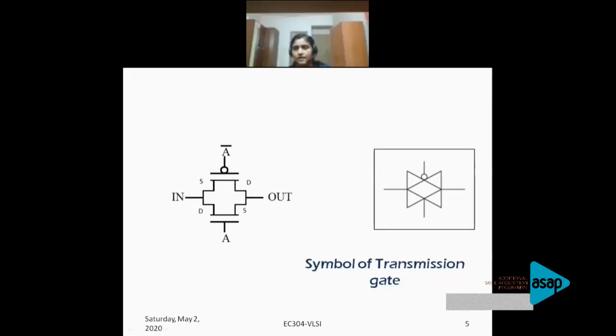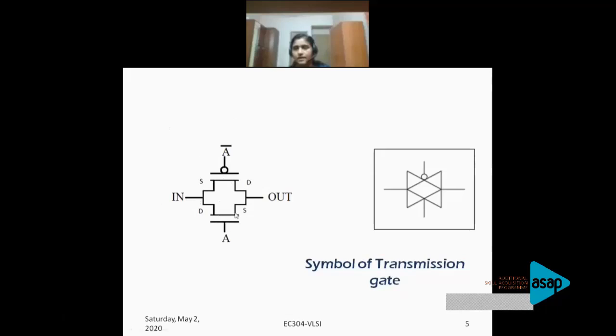Now, as we saw in the earlier transistor section, a PMOS cannot pass a full 0, because by the time the voltage comes down to VTH, the PMOS will be off. But with the NMOS, when you give a 0, this transistor is always on.